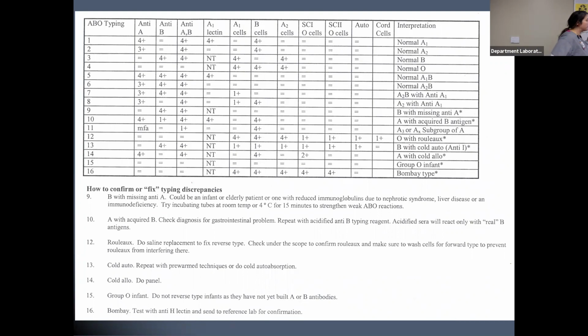What do we know about the group O patients? They lack the sugars on the oligosaccharide chain. They only have L-fucose, meaning that they have the greatest amount of H substance. Group O people have the greatest amount of H substance.